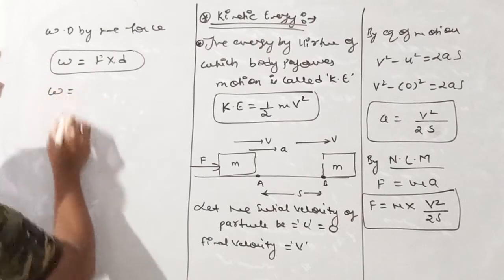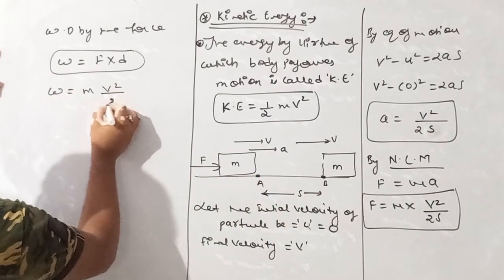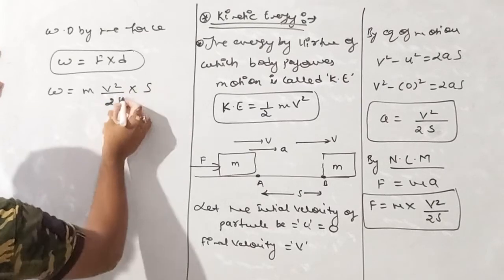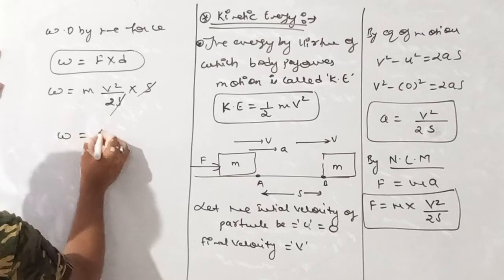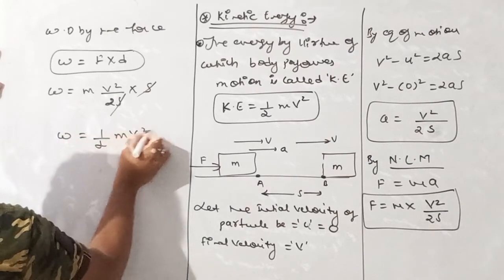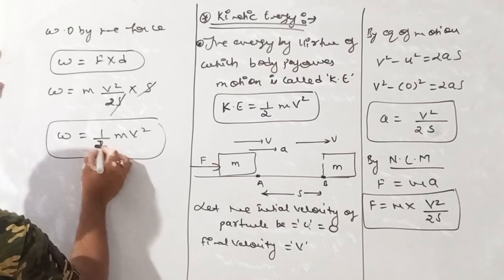So work done is mv square by 2s into s. The s and s get cancelled, so work done is equals to half mv square. My dear student, this is the value of work done we'll get.